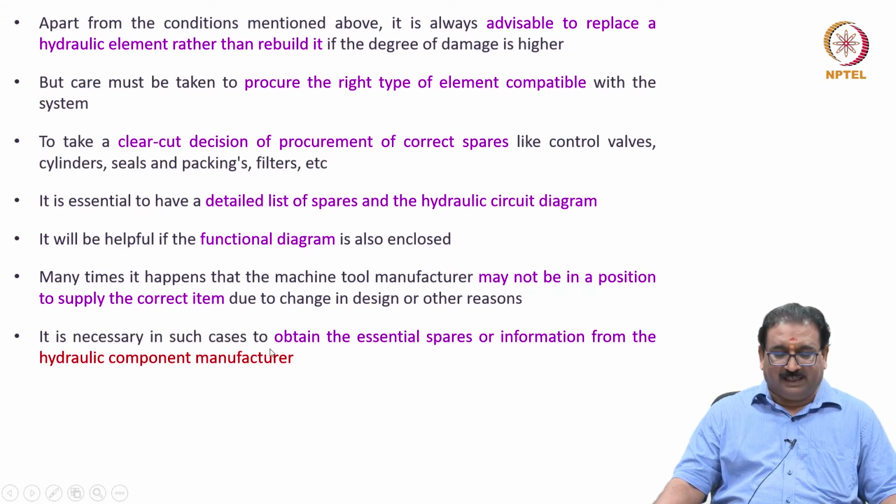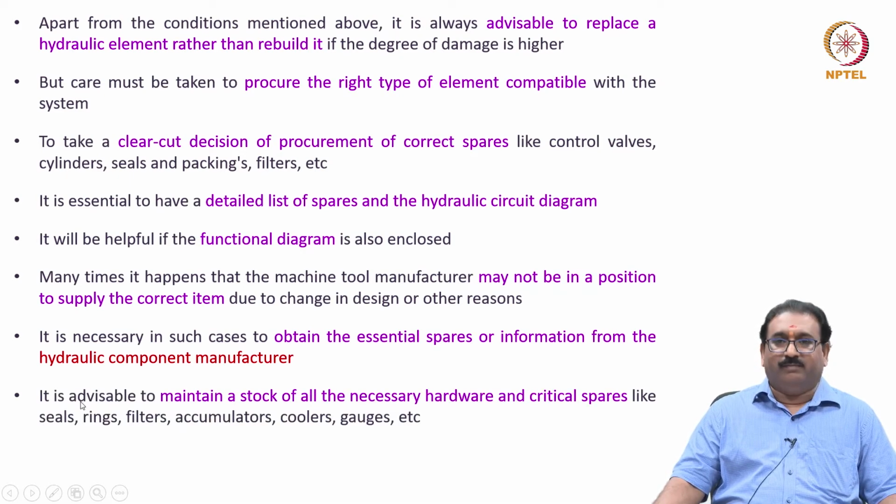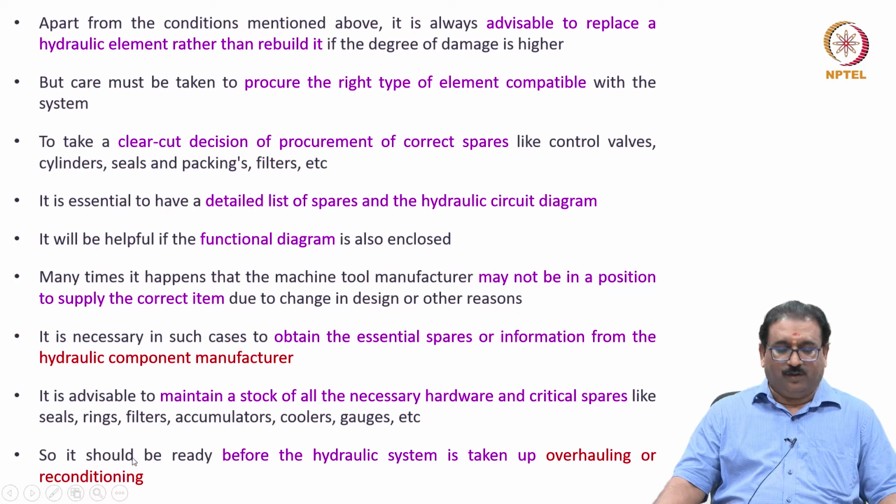So, it is necessary in such cases to obtain the essential spare parts or information from the hydraulic component manufacturer. It is advisable to maintain a stock of all the necessary hardware and critical spares like seals, rings, filters, accumulators, coolers, gauges, etc. in hand. So, it should be ready before the hydraulic system is taken up for overhauling or reconditioning.